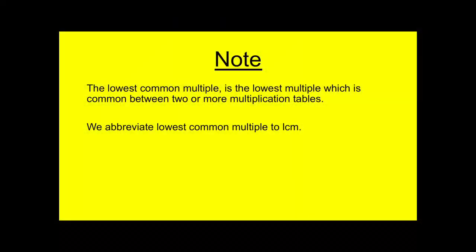The lowest common multiple is the lowest multiple which is common between 2 or more multiplication tables.